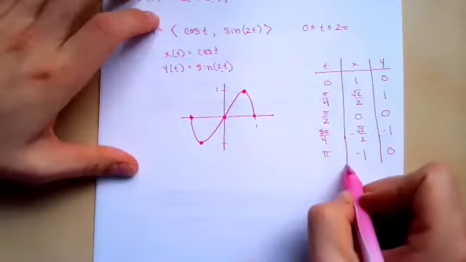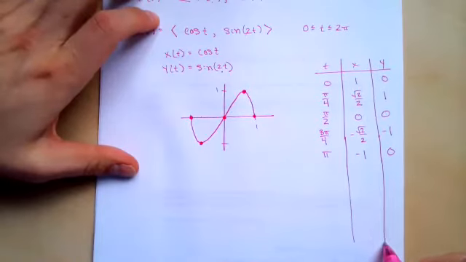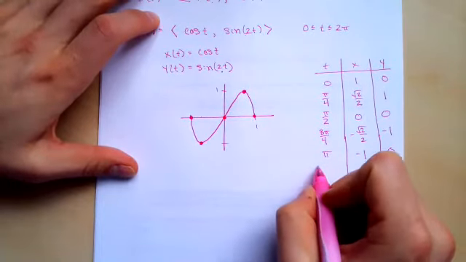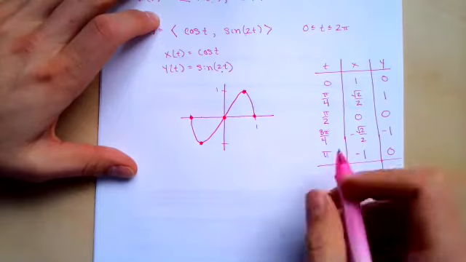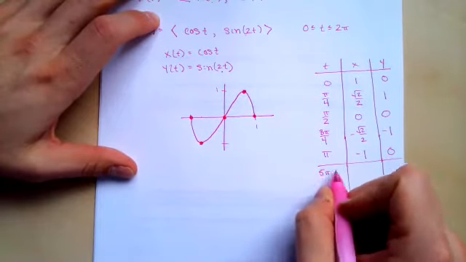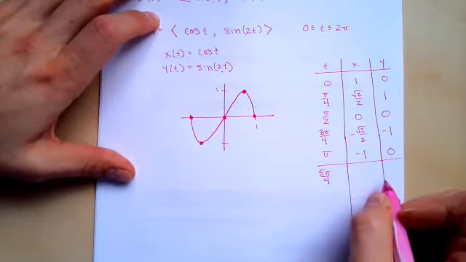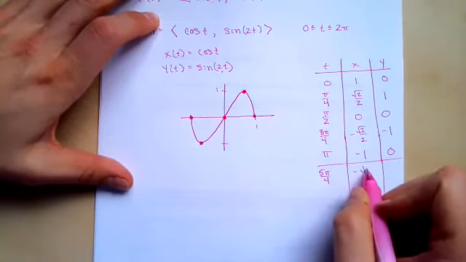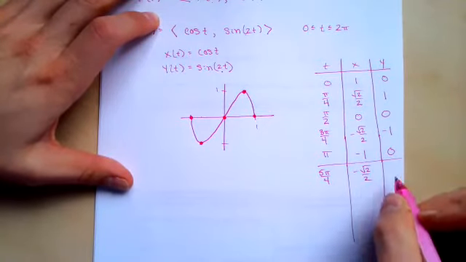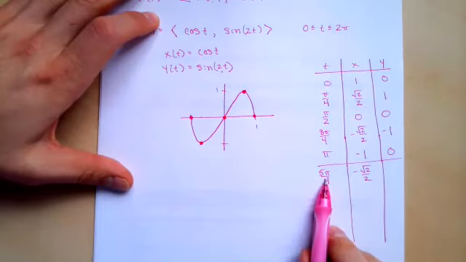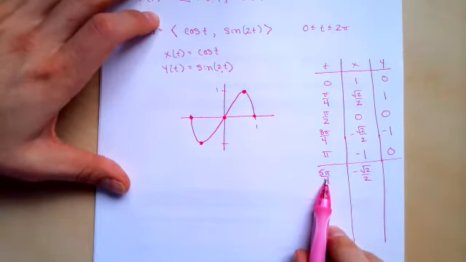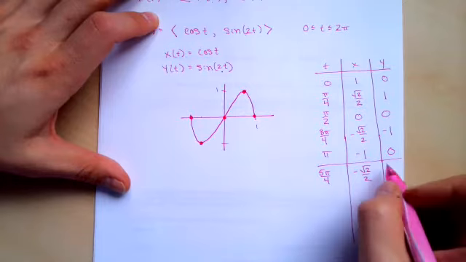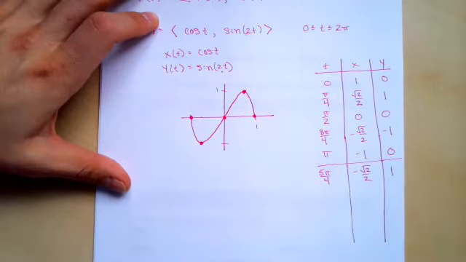If we go all the way to 2 pi, let's keep doing this. So what are our next values? After pi, we've got 5 pi over 4, and we've got negative square root of 2 over 2. We will have sine of 5 pi over 2, which should give me 1.